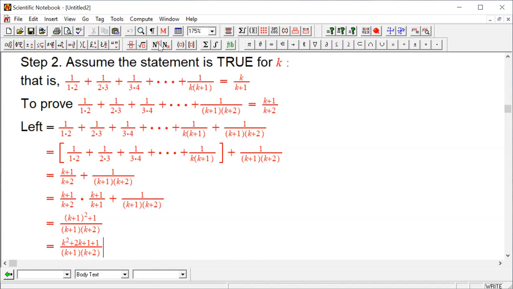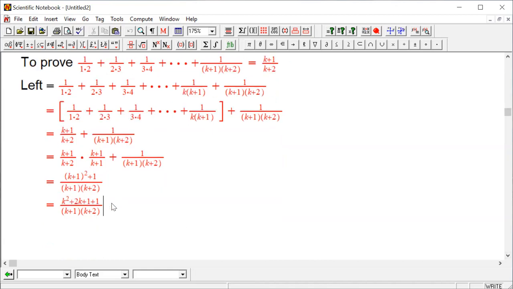And now let's see what we get. I just feel something may not be working right. Let's see, we are getting here, it doesn't seem to be right. K plus 1 over K plus 2.